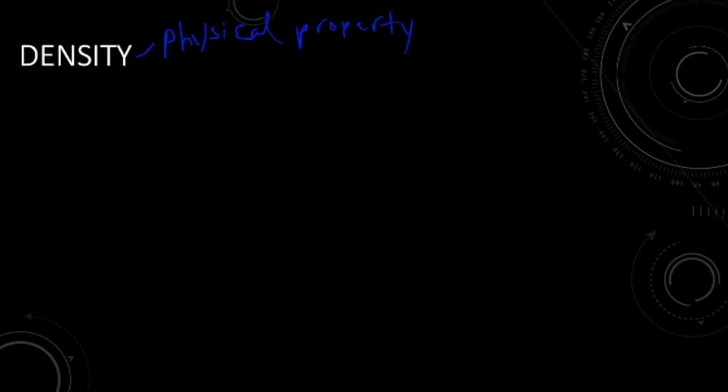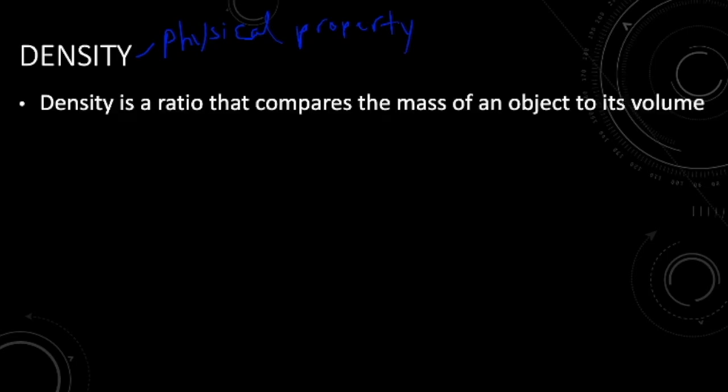Density is defined as a ratio that compares the mass to its volume. What that means is that density is simply the mass of an object divided by the volume of an object.